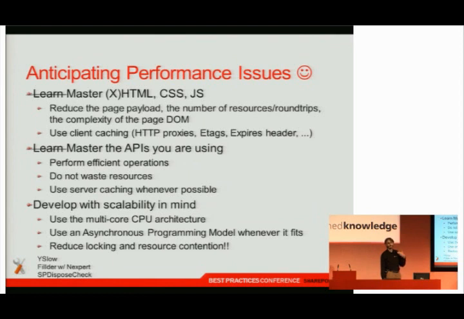For example, write good HTML, of course. Know the APIs that you are using. Dispose stuff that you have to dispose, but not what you do not have to dispose. And think that your application is going to scale probably if you avoid locking, if you avoid operations that prevent scaling, okay?